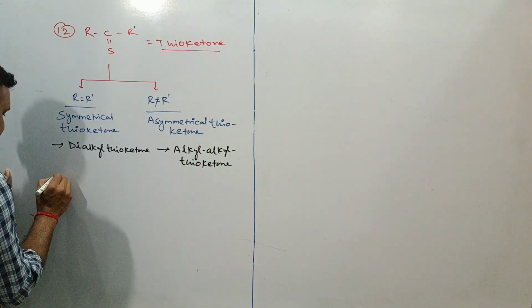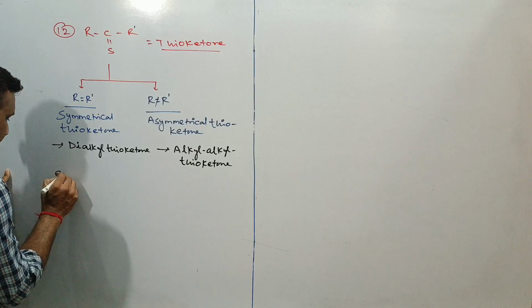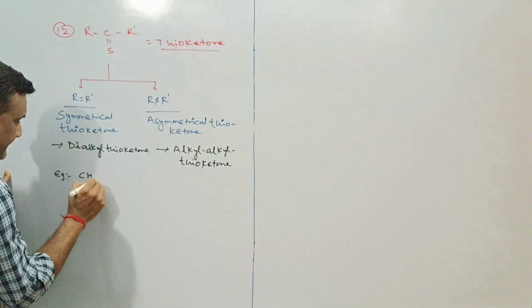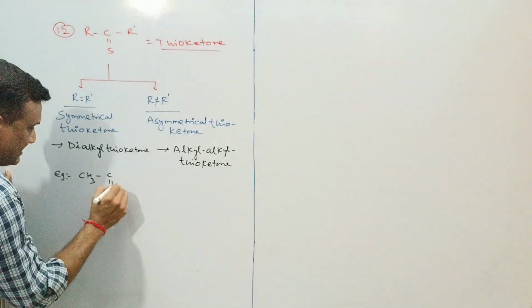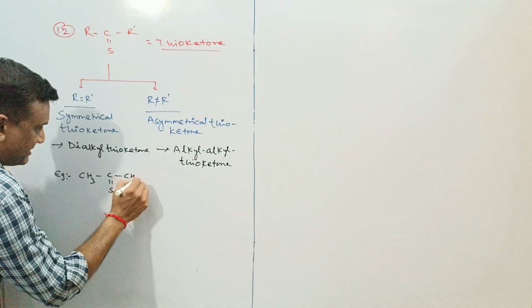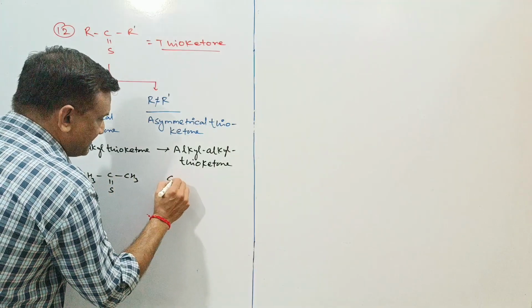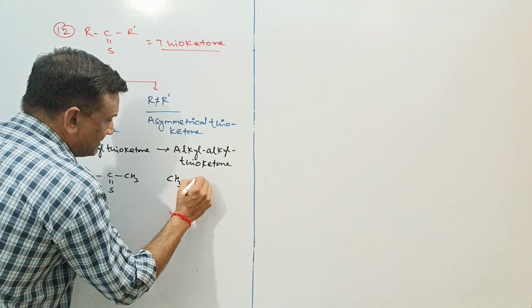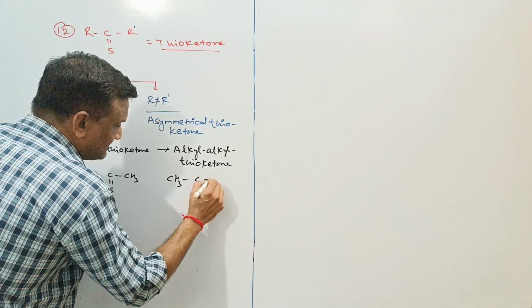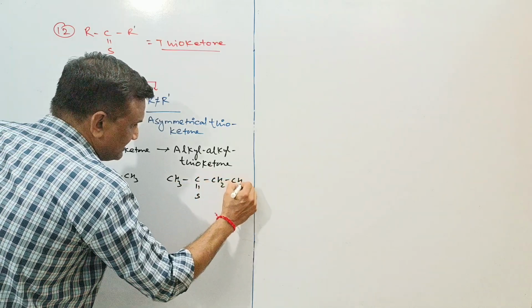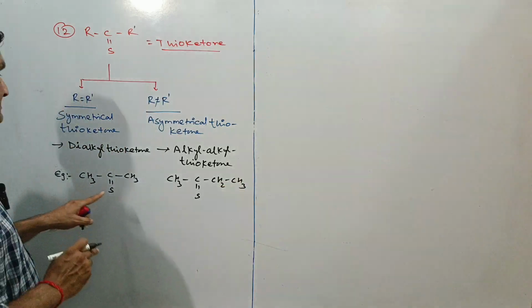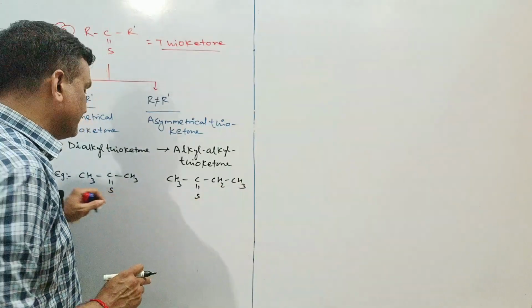Regarding the symmetrical, we can take the example of CH3, C double bond S, CH3. And for the asymmetrical thioketone, we can take CH3, C double bond S, CH2, CH3. This is the symmetrical while this is the asymmetrical.